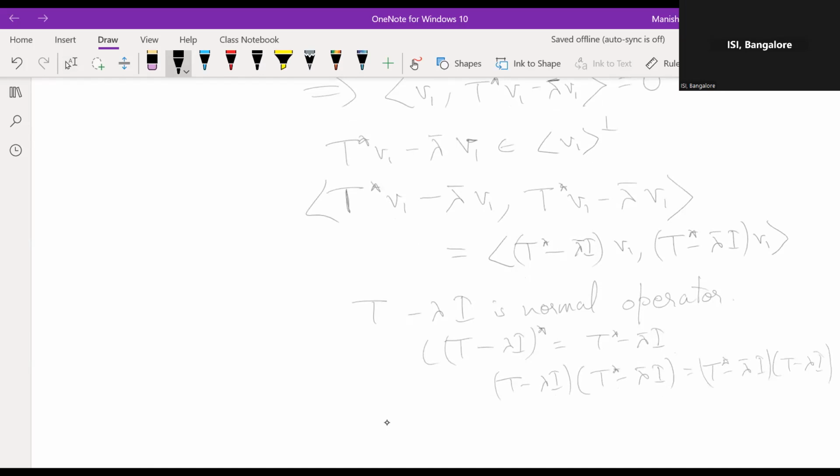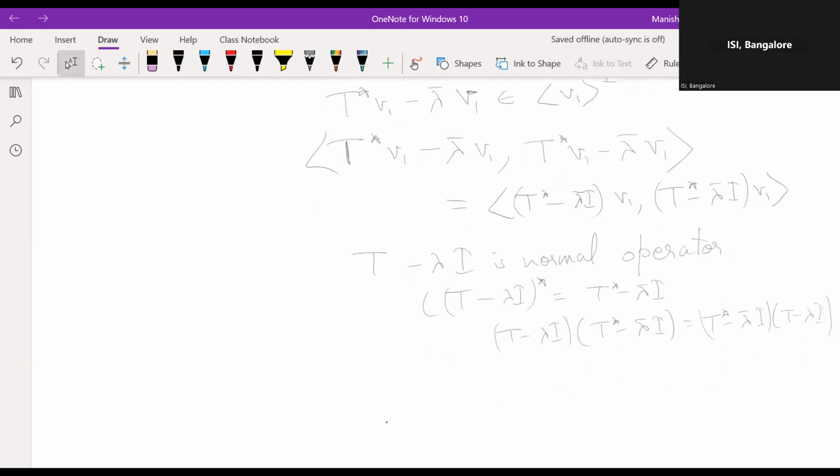Yeah, because if you expand it through, you will get T*T, λT*, λ̄T, plus λ̄λ, and the same terms you'll get here as well. So T - λI is a normal operator.